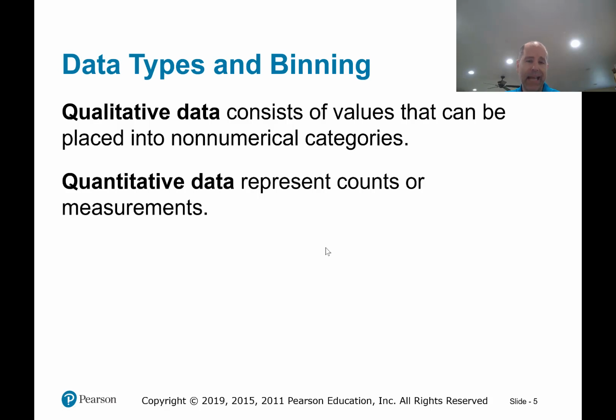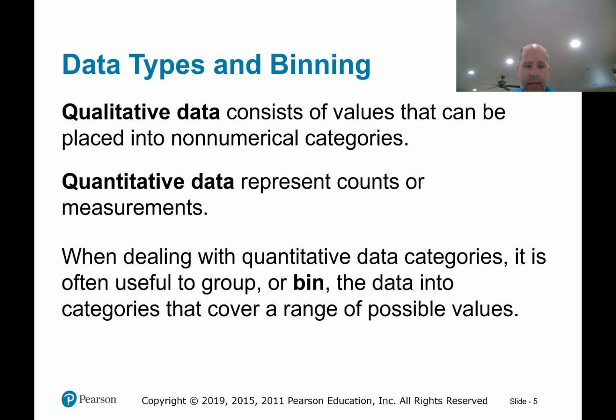So quantitative data represents counts or measurements. So this is the one where it could be a count value, like the number of pairs of shoes you own, the number of children per family, the number of family members in a household, things like that. They're countable, okay? Versus a measurement, which would be like temperature, distance, things that you measure out.